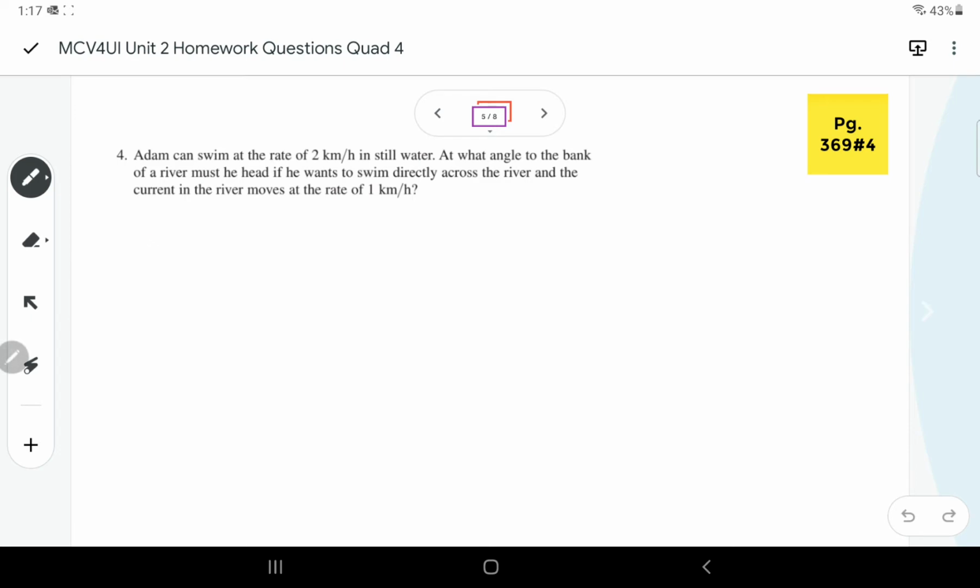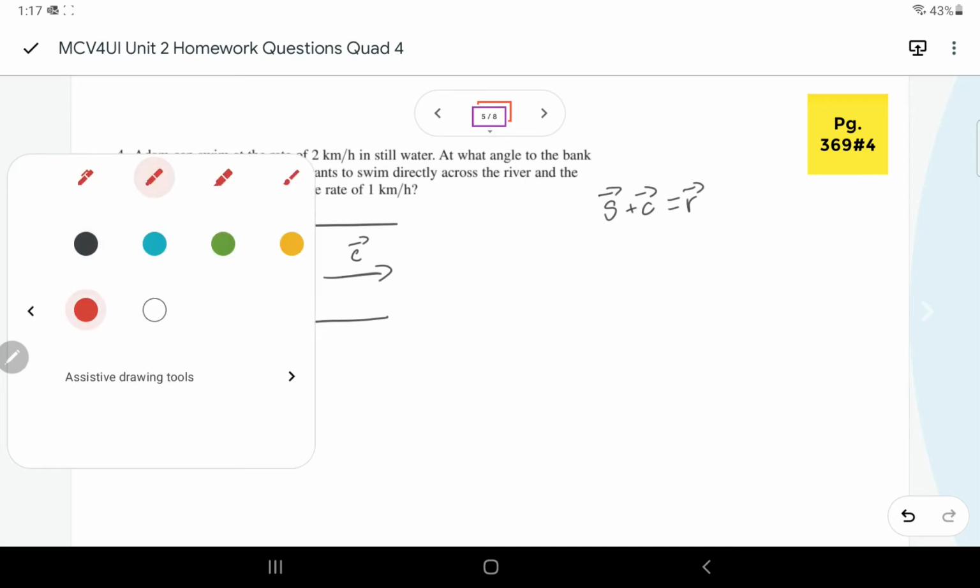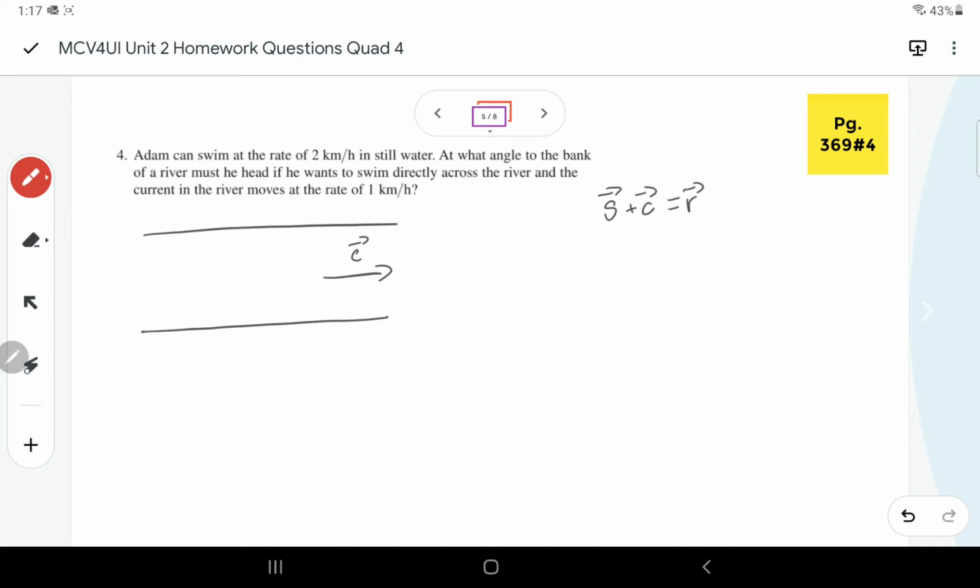Okay, so here, let's draw a river. And I'm going to draw our current flowing left to right, just because I always draw it going left to right. So we know that just like the plane plus the wind equals a resultant, we know that his swimming plus the current will equal the resultant. And we're told that he wants to swim directly across the river.